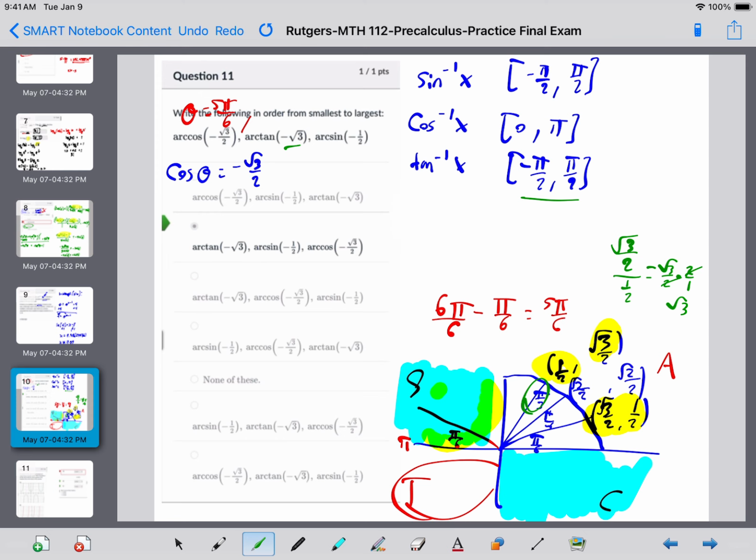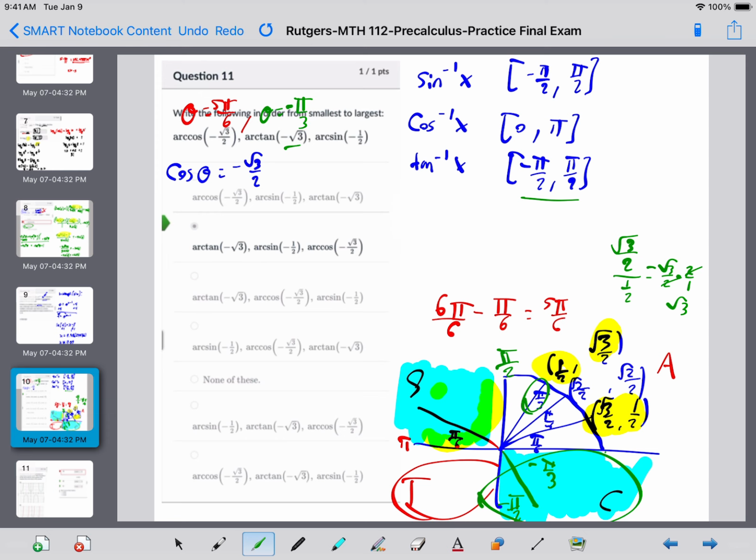So that would be from negative pi over 2 here to pi over 2. So it has to be in quadrant 4. So going in the counterclockwise direction, you would go from 0 minus pi over 3. You get negative pi over 3. So theta here is negative pi over 3.